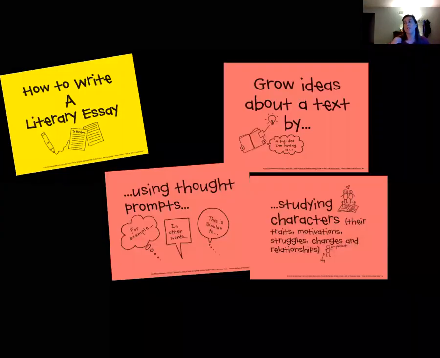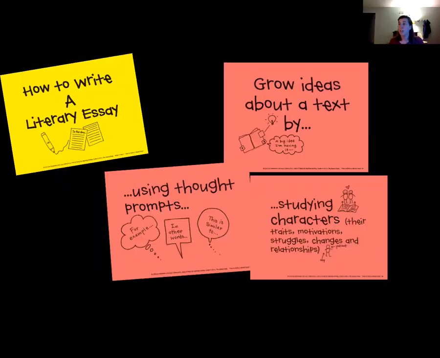So remember to study characters, the traits, that means how they behave, their motivations, what they want, their struggles, what's standing in their way or giving them a challenge, any changes in how they act, and their relationships with other characters within the text.